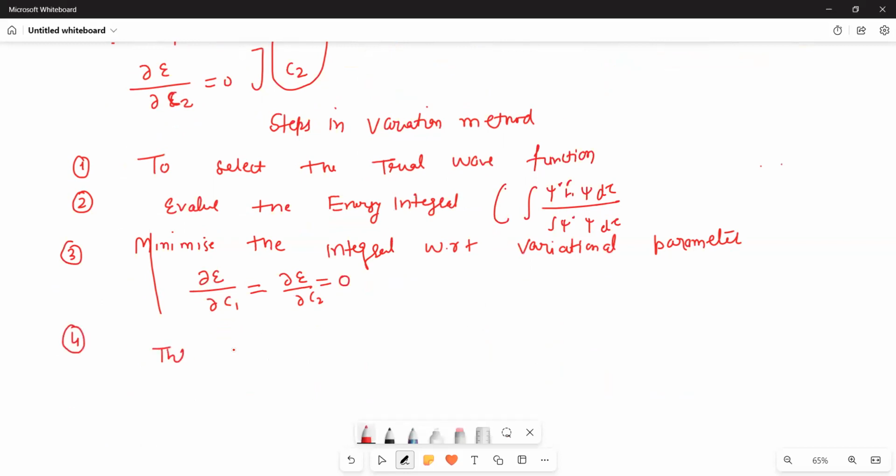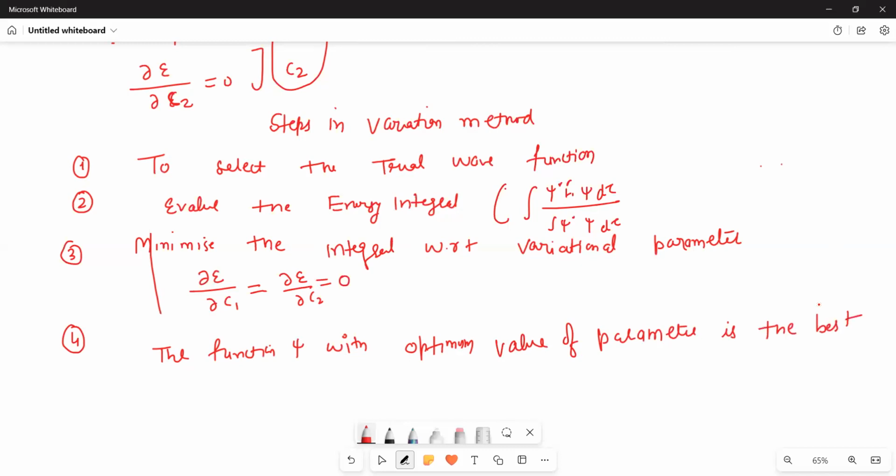So the function psi, we will write the function psi with optimum value of the parameters, meaning minimum value of the parameters, is the best approximation to true wave function, and the lowest value of energy is the nearest approximation.